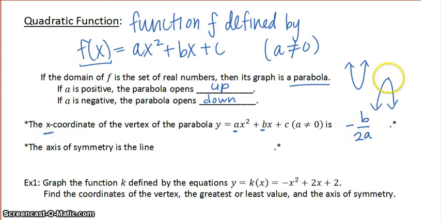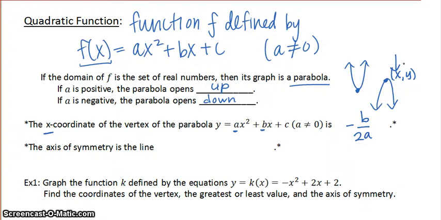What is the vertex? The vertex is the tip top of the parabola, or the very bottom. It's the highest or lowest point. That is your vertex, and that vertex will have a set of coordinates, okay? And negative b over 2a helps you find the x-coordinate. And if you know one of the coordinates, you can find the other coordinate.